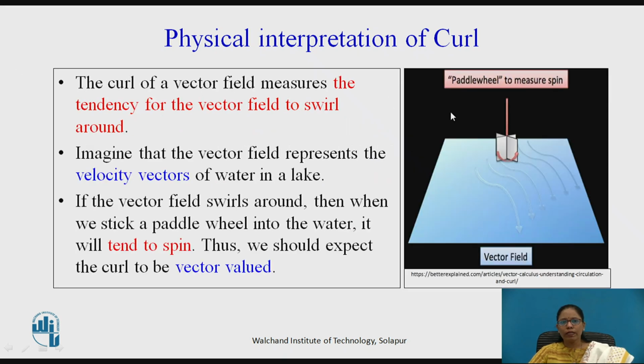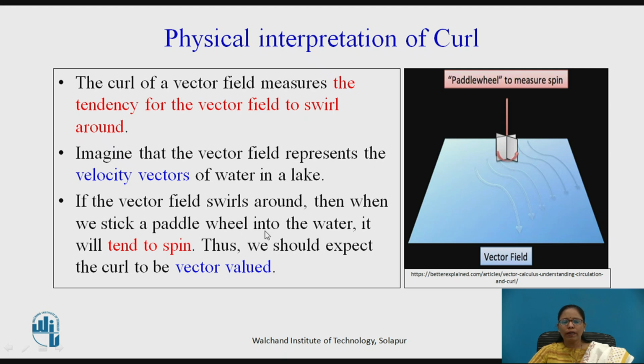So here I can explain the curl by using this diagram. The curl of a vector field measures the tendency of a vector field to swirl around. Imagine the vector field is represented by the velocity vector. If the vector field swirls around, and this paddle is made to spin, in that case I can say that it is swirling around.